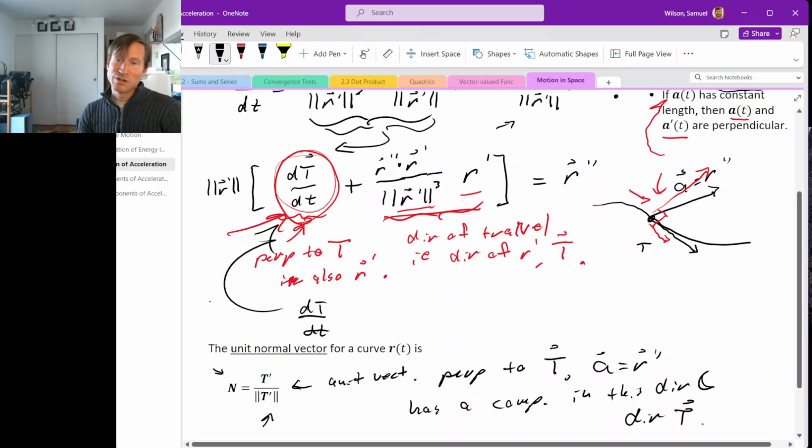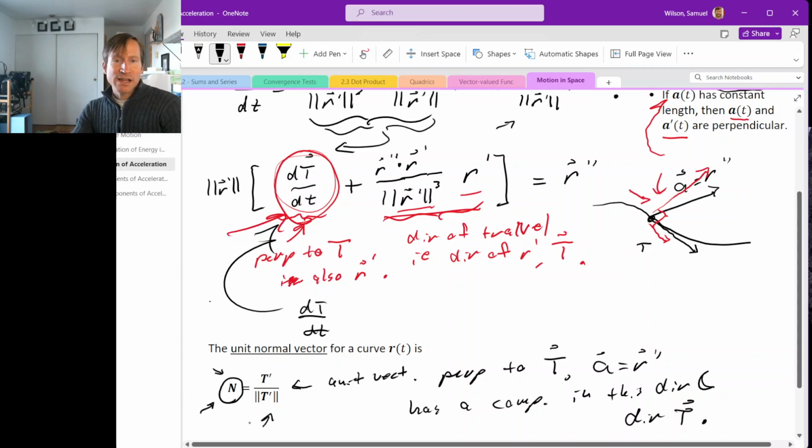So in general, you might expect the acceleration vector to have a component in the direction of T, a component in the direction of N, and a component in some third direction, but that's not the case. What makes this unit normal vector special is that the acceleration has a component in the direction of T and a component in the direction of N, and no third component. So that's what makes this normal vector special.